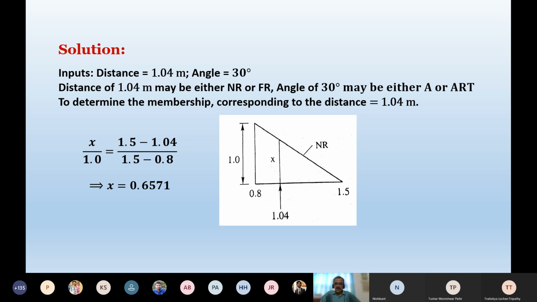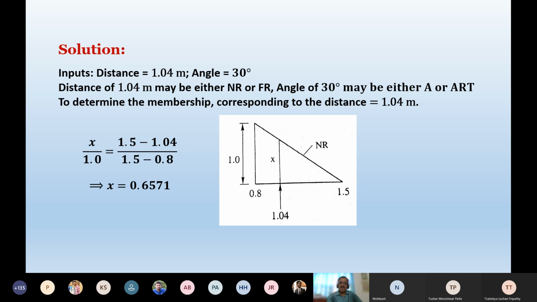There are two unknowns and two known conditions, so m and c can be determined. Very easily you can find out the equation of this straight line. And if I know the equation of the straight line, if I supply x, can you not get y? Yes, that y is nothing but your mu value. So it can be determined, very simple calculation. And the distance of 1.04 meter may be called near or far, as I told.